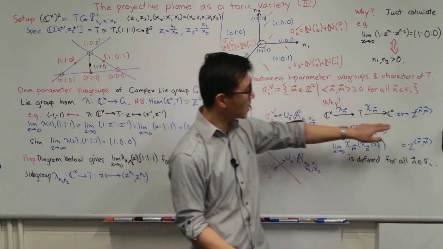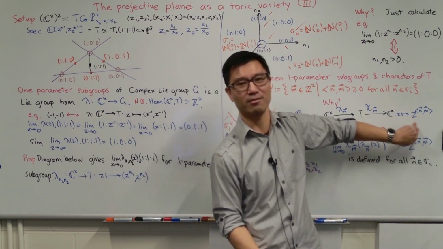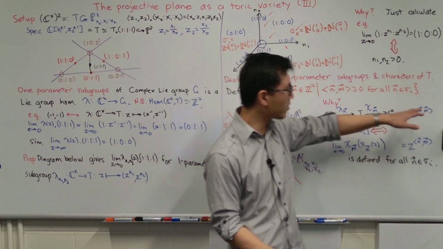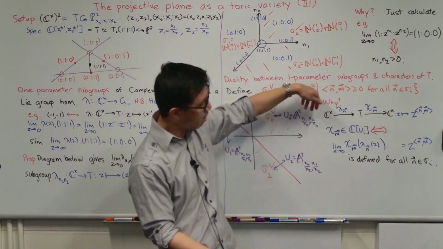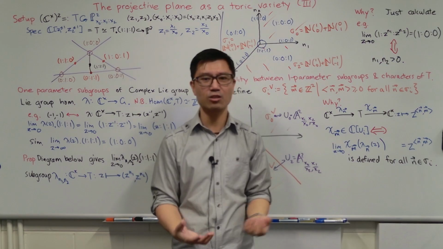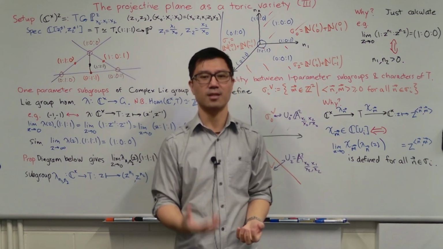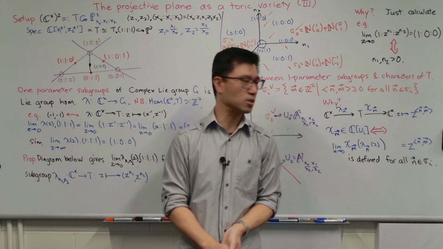And of course that means you're just taking the dot product of n and m. That's the power of z that you have here. So this is how the dot product comes in. The composition of the one parameter subgroup and the character really just is the dot product. That's the key point, the duality between these two notions.